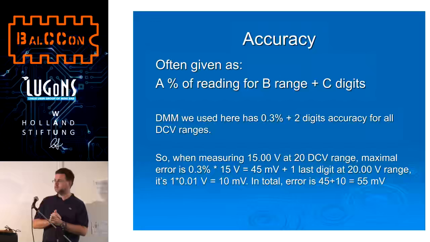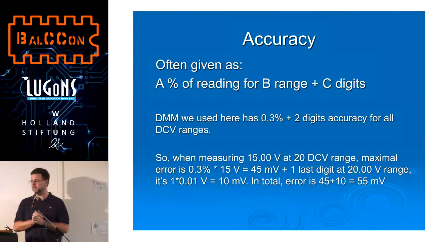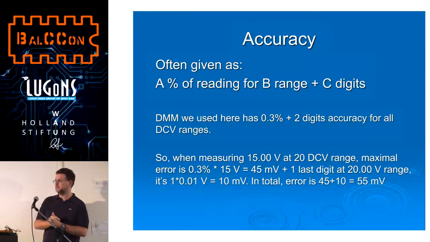Why is that important? Because when you're reading the data sheet for a multimeter when buying one, you get a specification like: a number A percentage of reading on B range plus C digits.